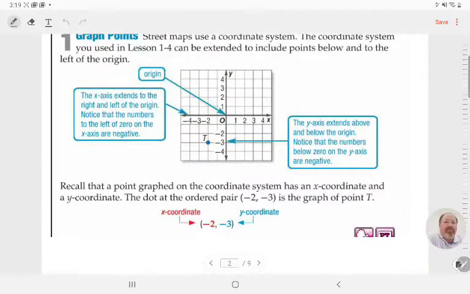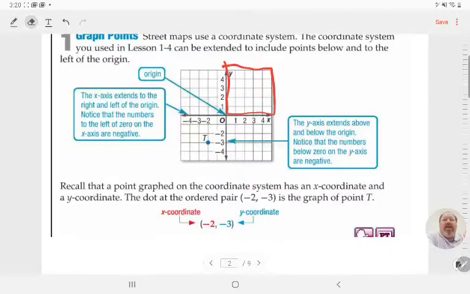All right. So graphing points. Street maps use a coordinate system. The coordinate system used in lesson 1.4 can be extended to include points below and to the left of the origin. So when we did lesson 4 earlier, we were talking only about this part of the coordinate plane, okay? But now we're going to talk about all 4 parts of the coordinate plane.